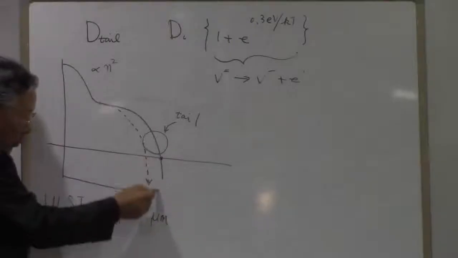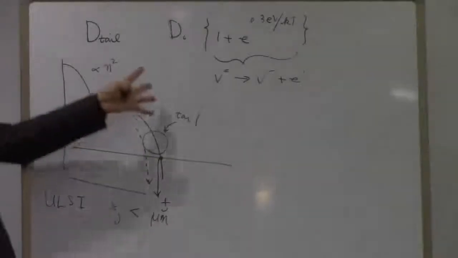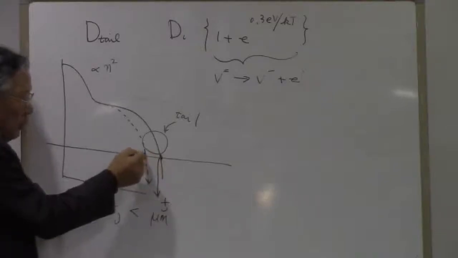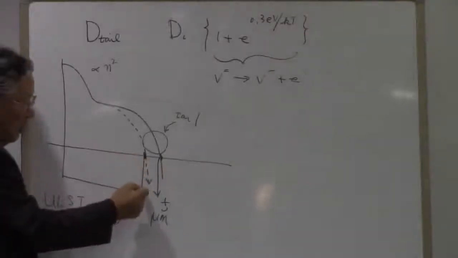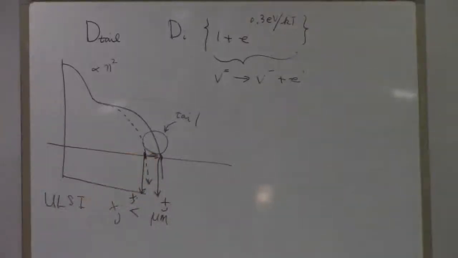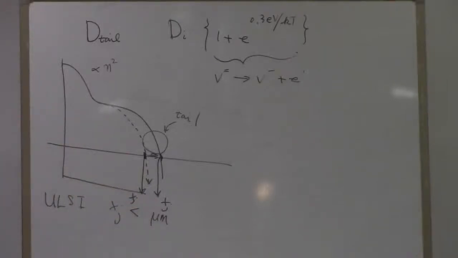So at this point is going to be the junction depth. Without this enhancement, the junction depth is going to be here, but with the enhancement, the junction gets deeper. And this difference may reach 2 microns, and it is going to be a big matter in making transistors for ULSI.